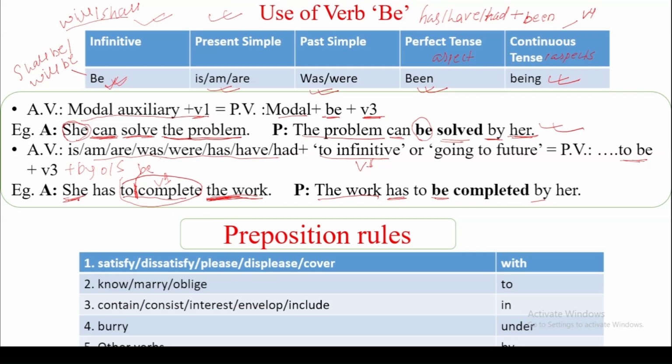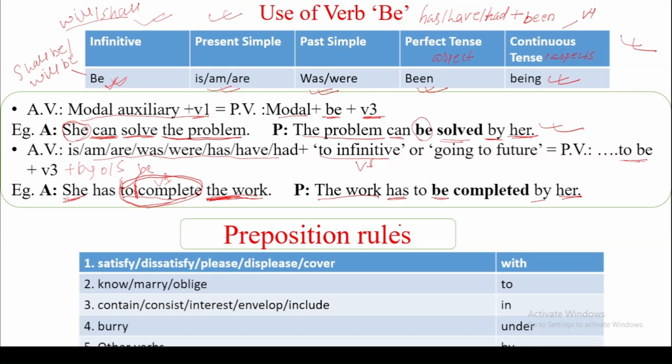The objective case of she is her. It means this part is a little different, other parts remain the same. So this is a few exceptional cases out of this table.